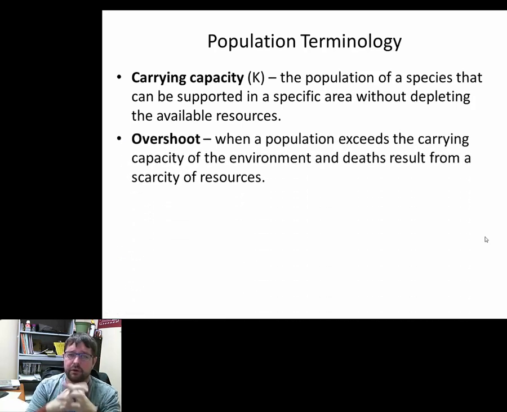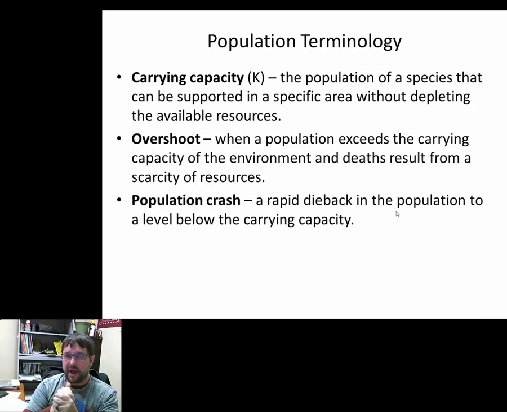Overshooting. That's when a population goes past the carrying capacity. So there is a level at which organisms can sit and not completely deplete the available resources. When a population overshoots, that means they go past that carrying capacity. Most of the time, that results in a population crash.